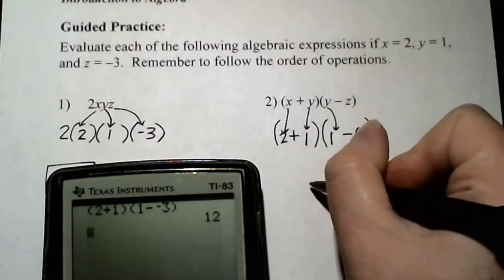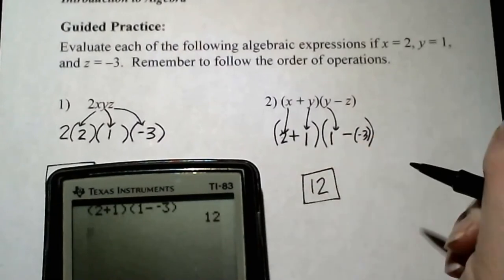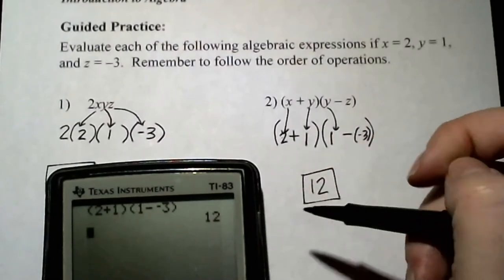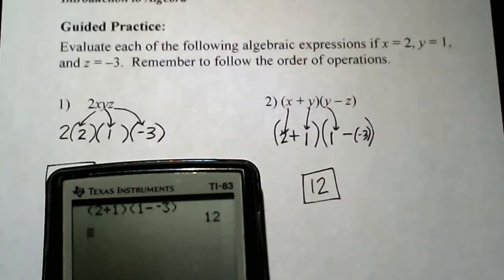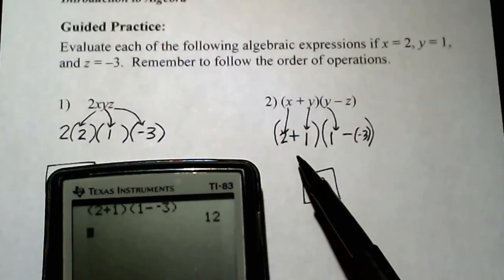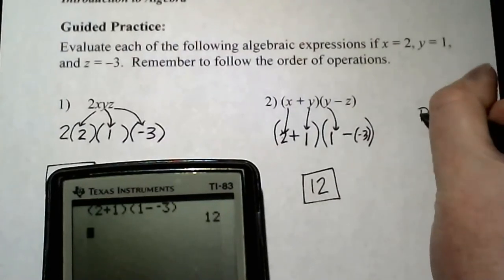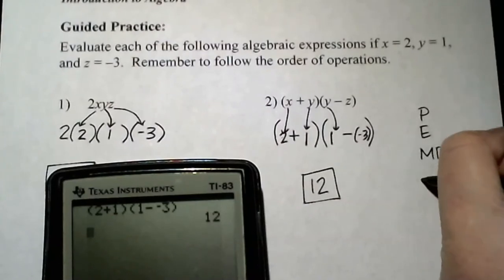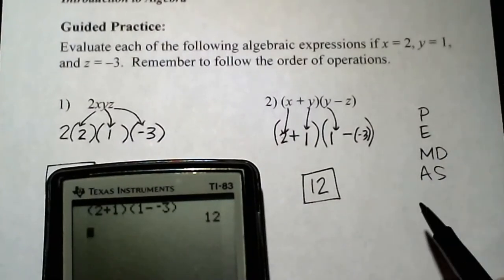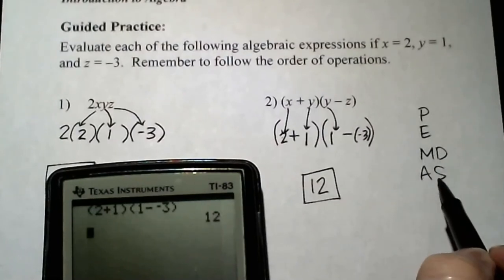And that gave me 12. Now, if you were to do this by hand without plugging it into the calculator the exact way that we used the parentheses, you would have to follow the order of operations. That you do your parentheses first, then any exponents that you have, then multiplication and division left to right, and then adding and subtracting.